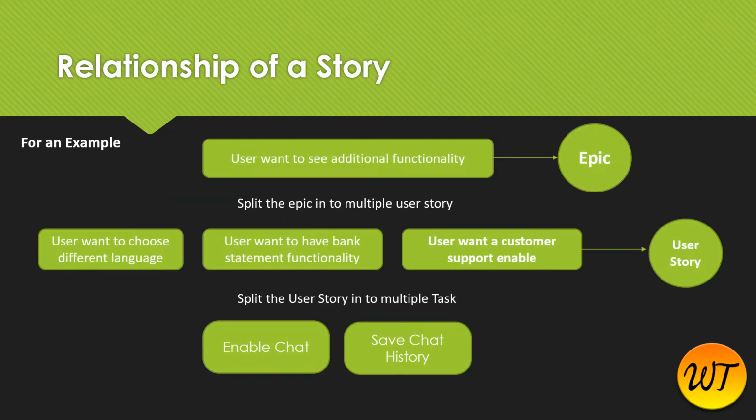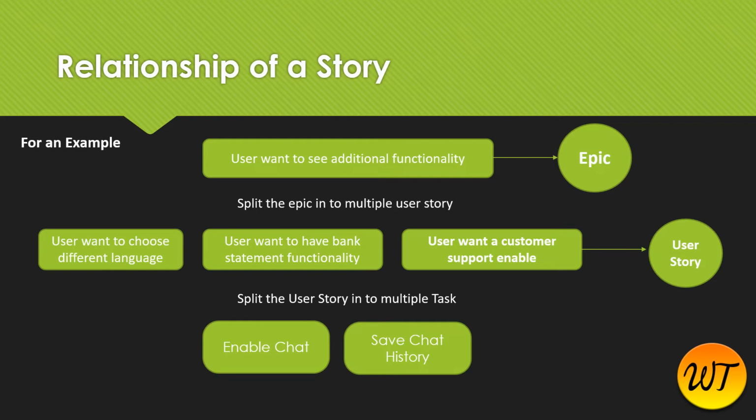In this slide, I'm going to explain how the story slicing works for an online banking functionality. For example, here you can see the user wants an additional functionality. This is an overall epic. So this epic we have to convert into multiple user stories.